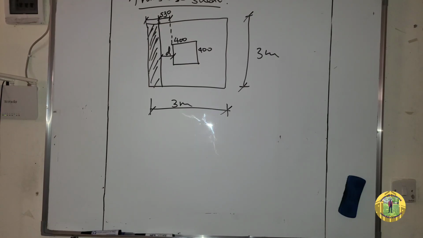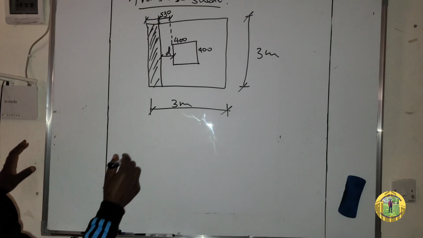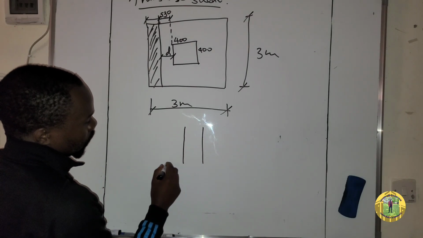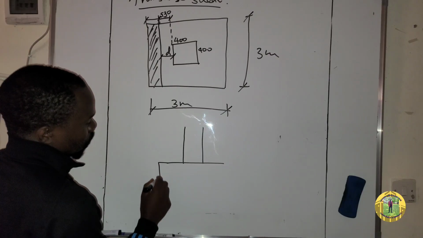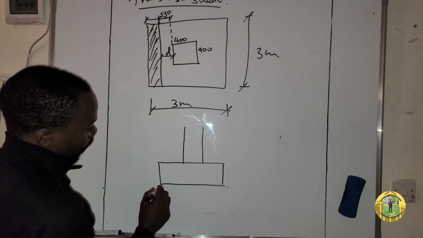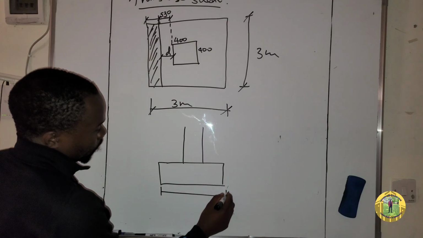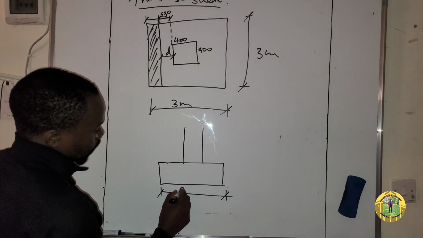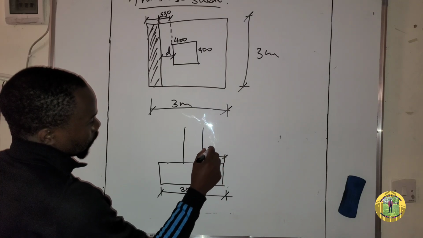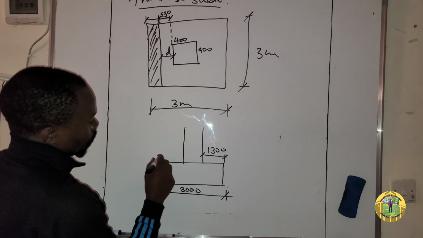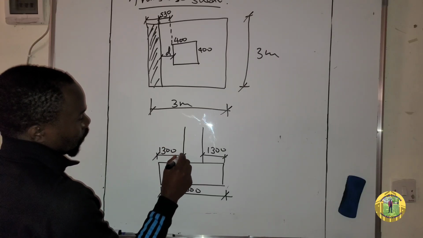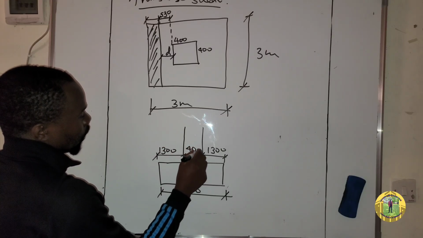You remember this was our plan, and if you have a section like this, this is 3,000, and this one was 1,300. Also this one 1,300, and the column is 400.